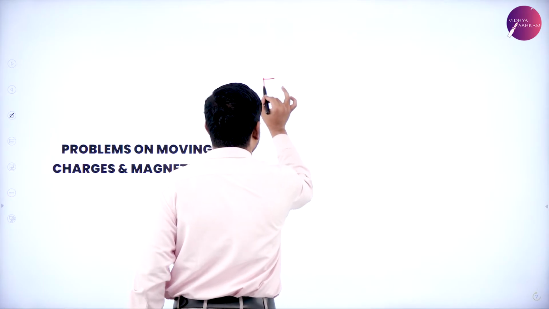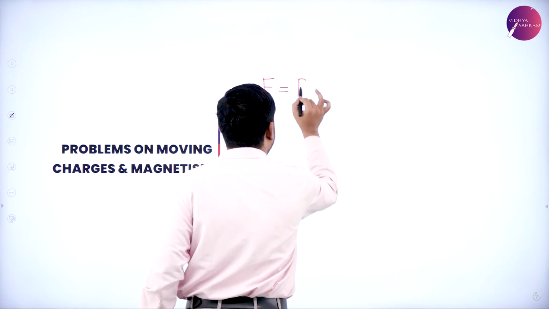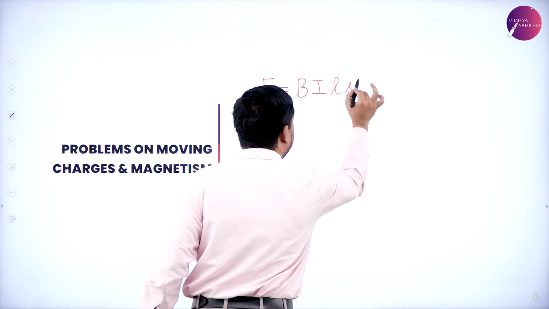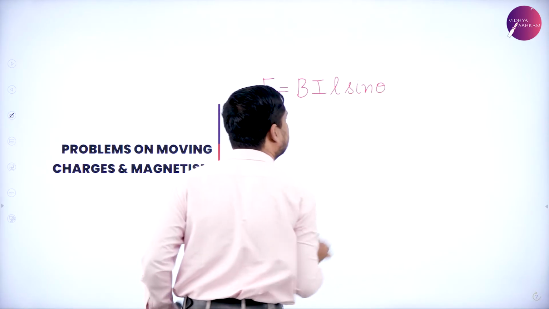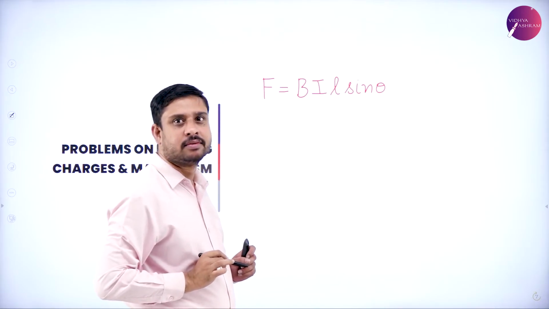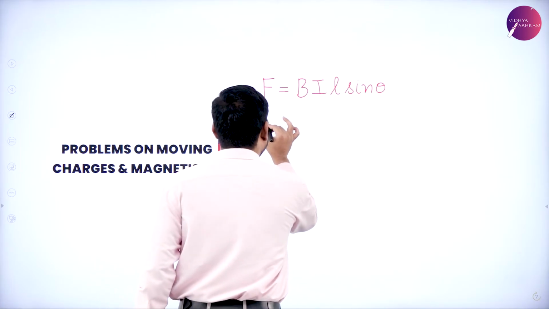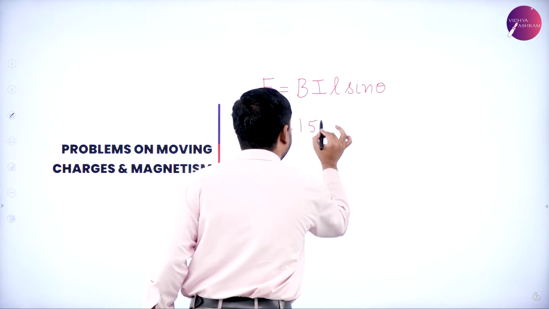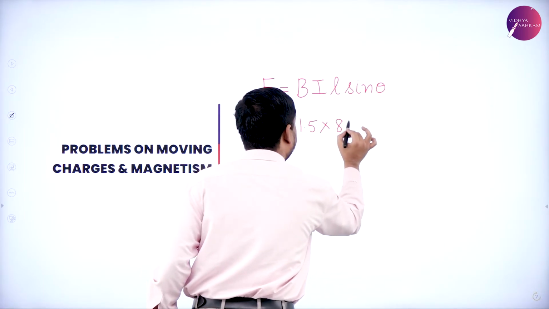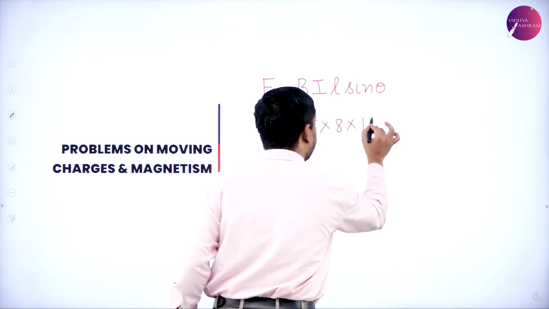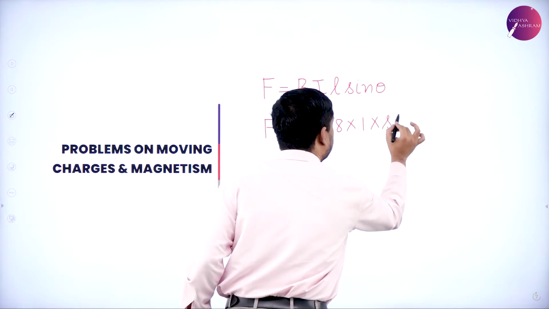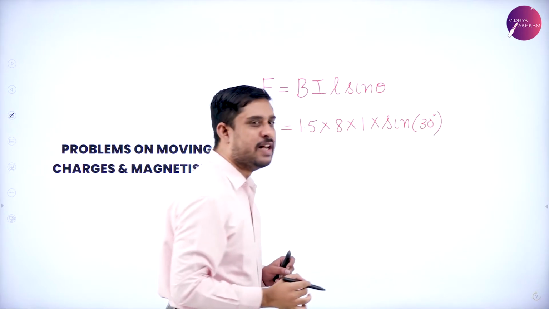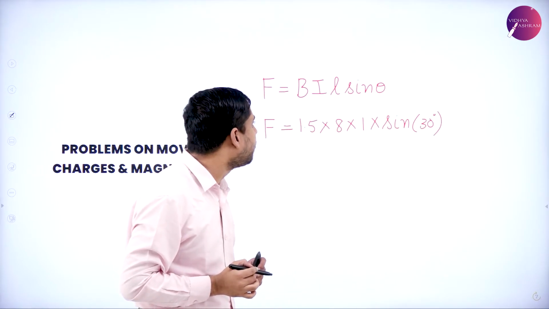So here F equals BIL sine theta. So substituting, B is 1.5 into 8 into 1 into sine 30. Very well, sine 30 is half.